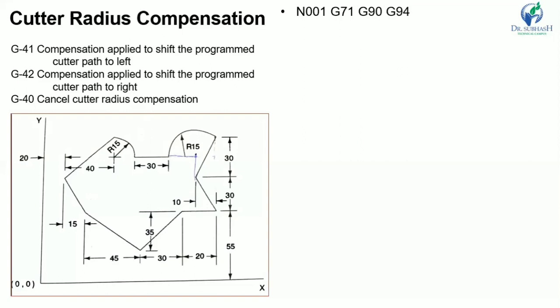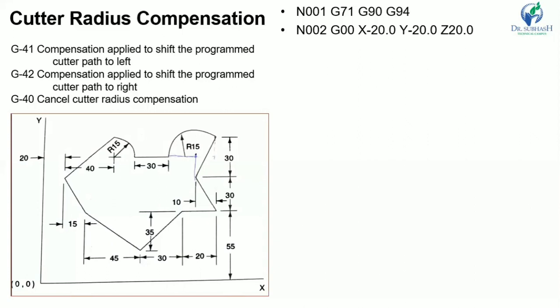Then we have started the program. G00, X minus 20, Y minus 20, and Z 20.